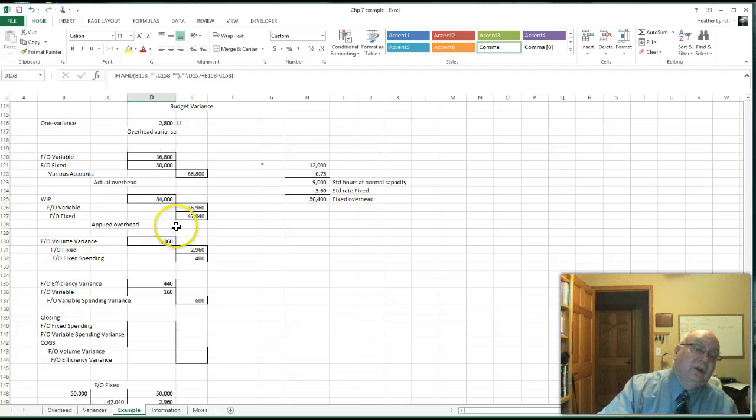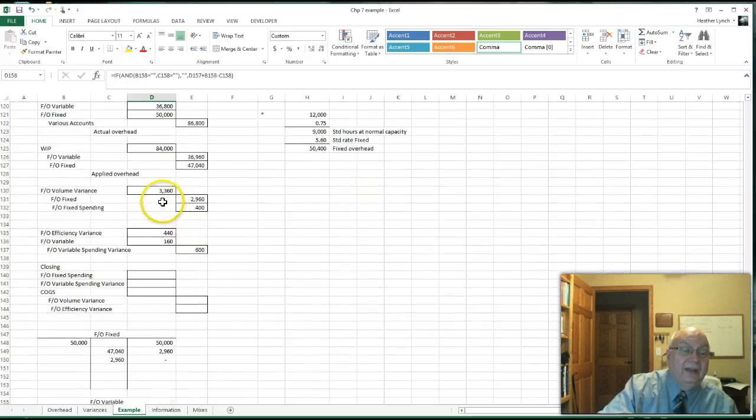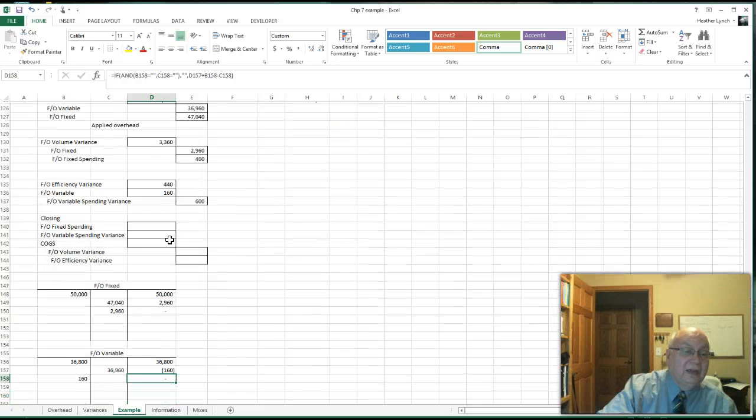And now those are the entries to record the factory overhead and the variances. Okay, you record the actual overhead first, the applied overhead, and then you record the variances, and the adjusting balance is like this one is for the fixed overhead, and this one's for the variable overhead. And that can go either way depending on which way you need it.